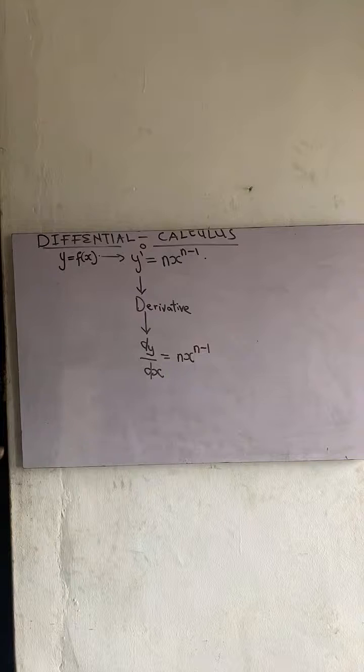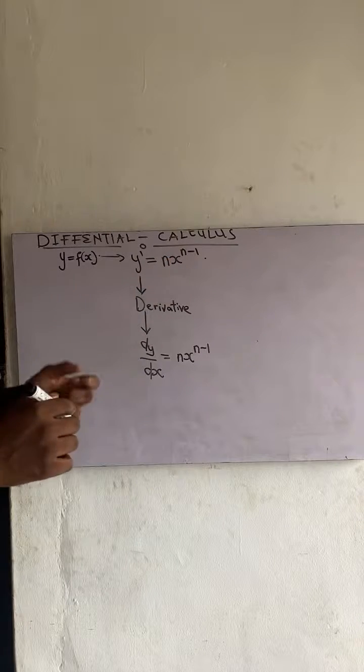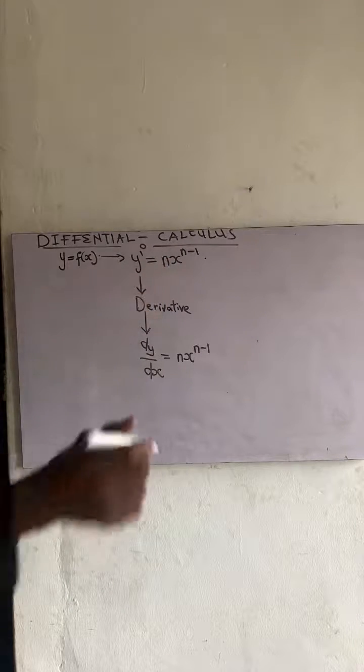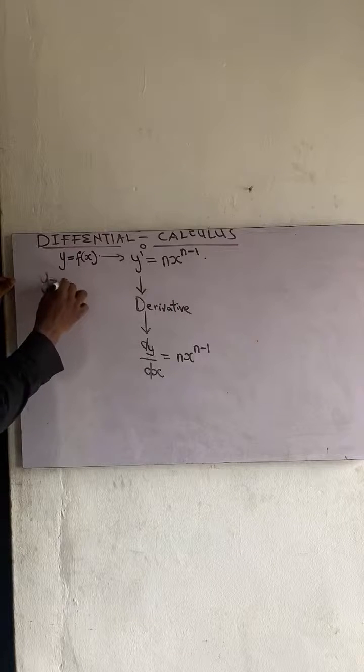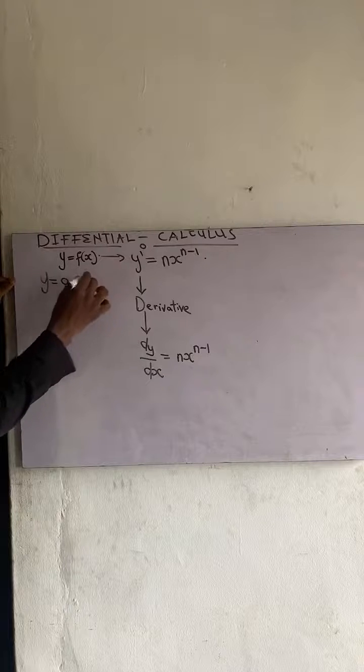Someone will ask, what is n, what is x? This general formula comes from the fact that, let's say we have y equals ax raised to power n.